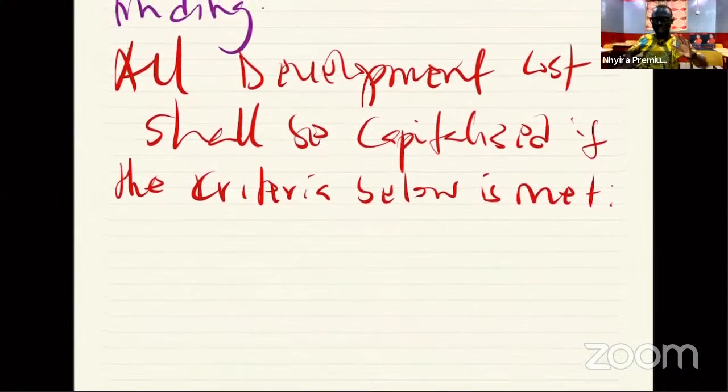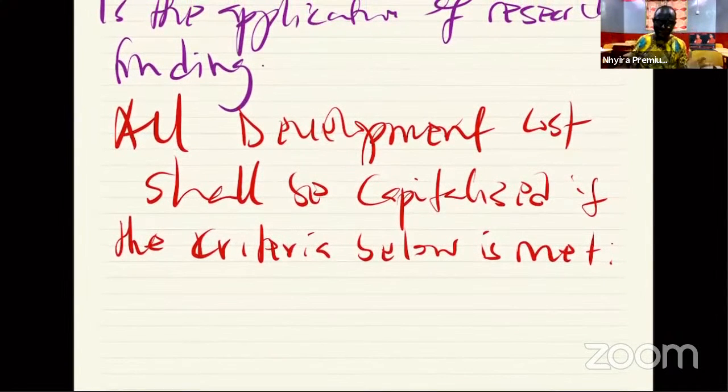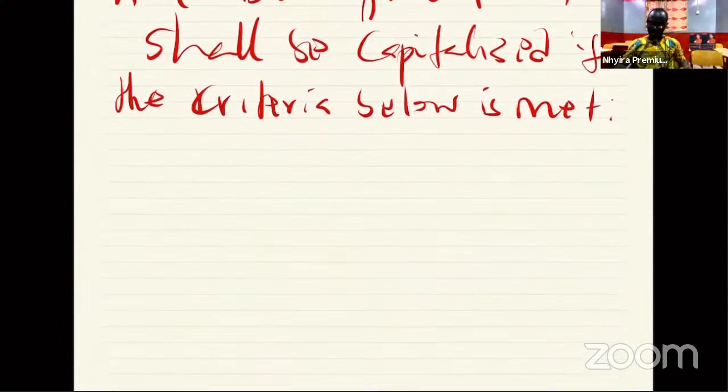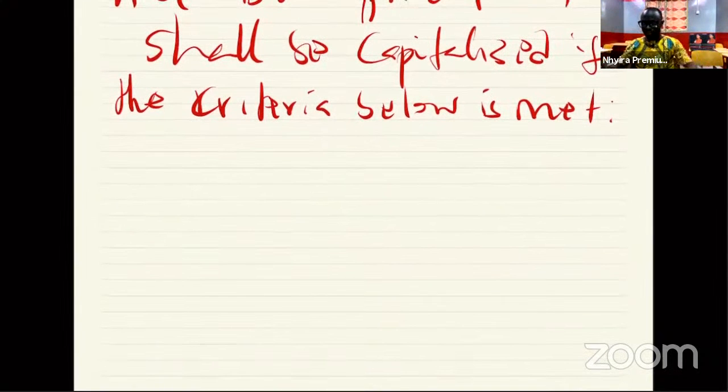In other words, when it comes to development costs, you don't just get up and capitalize it. You don't just say, I'm going to treat it as an intangible asset on the face of the financial statement. No. Before we make that decision, the criteria below shall be met.